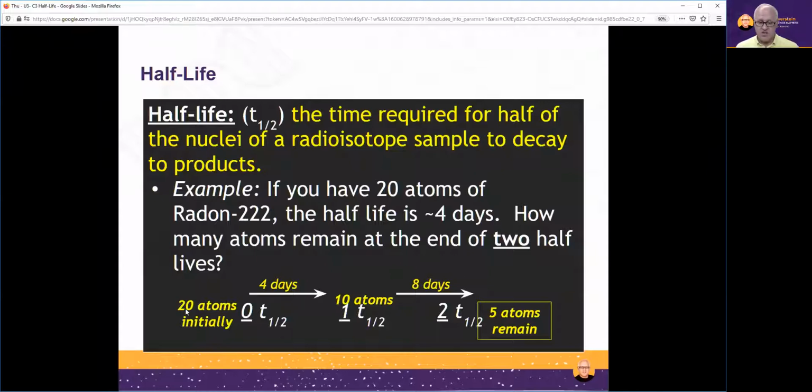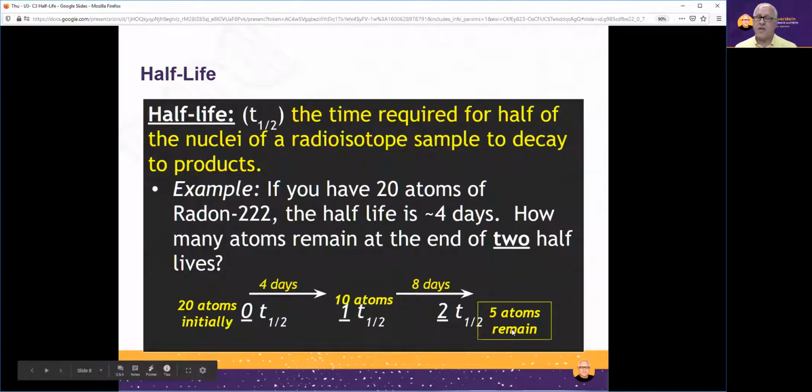Well, we start off with this formula, 20 atoms initially. From 0 to 4 days, we'll end up with 10 atoms, that's half the amount. Then half that again will remain, 5 atoms.